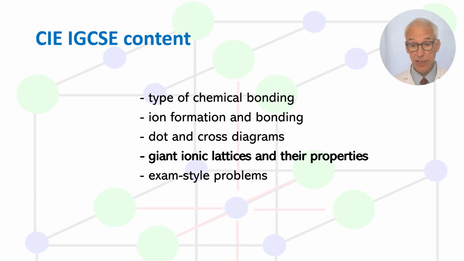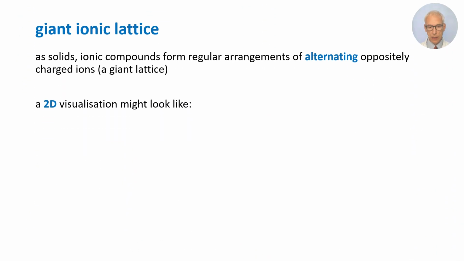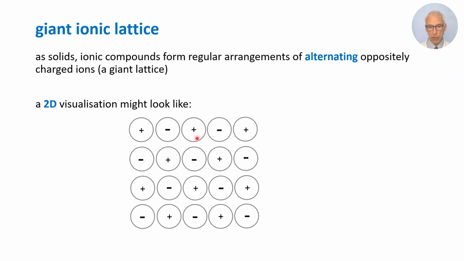Giant ionic lattices and their properties. As solids, ionic compounds form regular arrangements of alternating oppositely charged ions. We call this a giant ionic lattice. In 2 dimensions, we've got positive ions surrounded by negative ions in all directions.